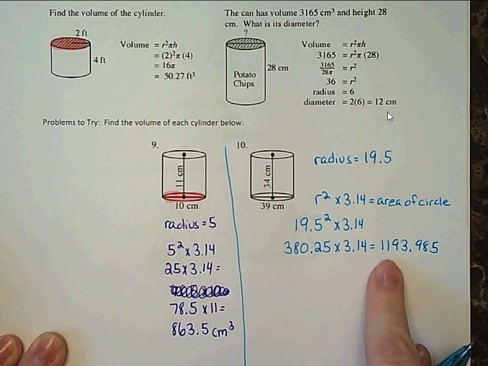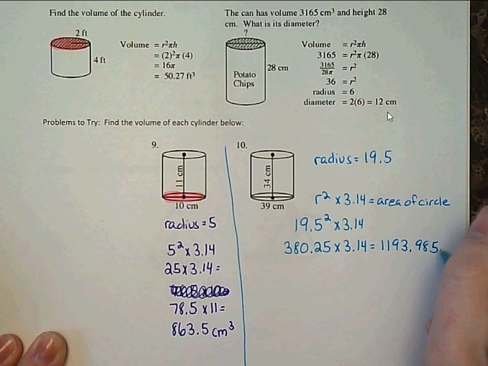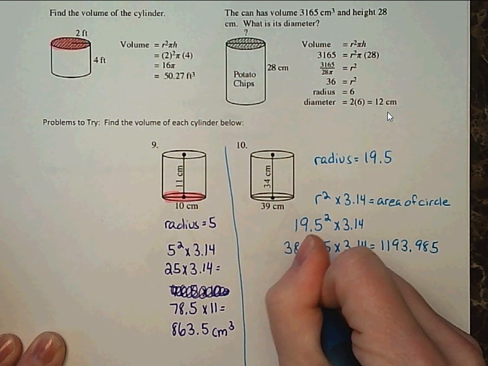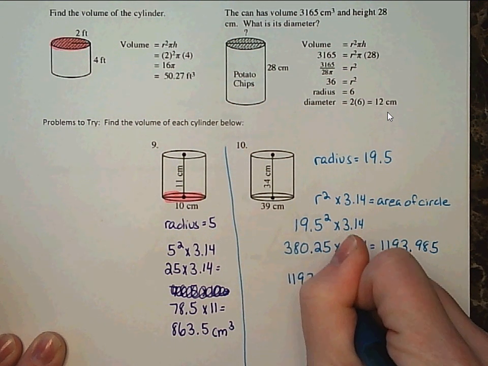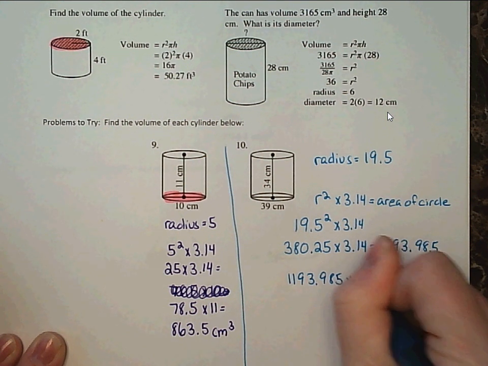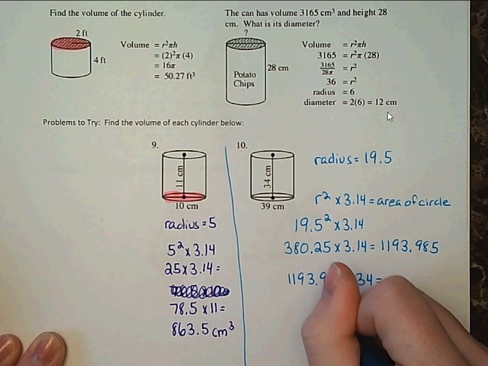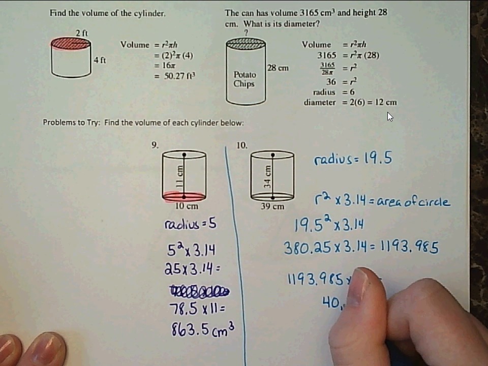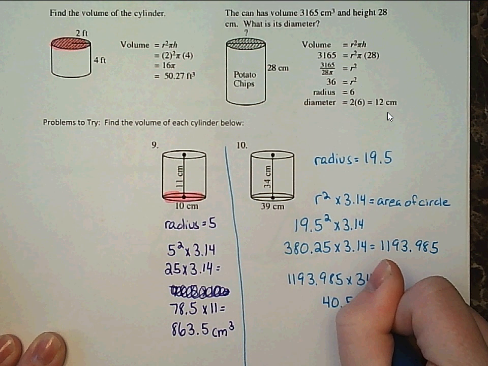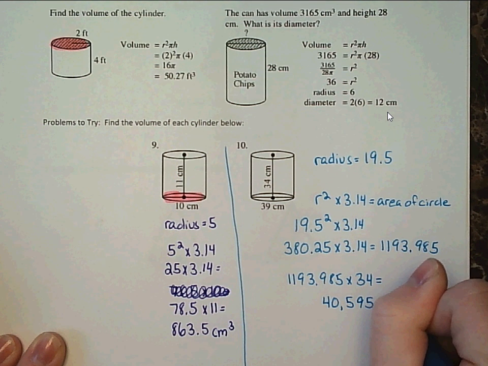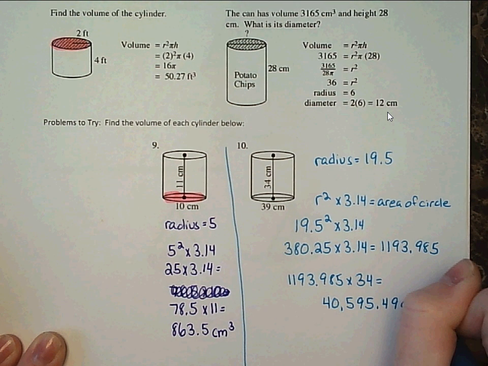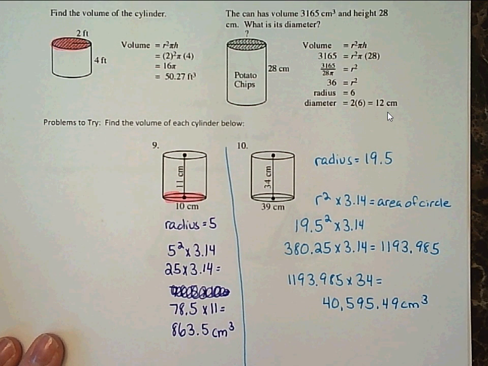Okay, so that's the area of the base, and then we want to multiply that, 1,193.985, times the height, which is 34. And in this case, our answer would be 40,595.49 centimeters cubed. That's a big number, but that's actually because it's in centimeters.